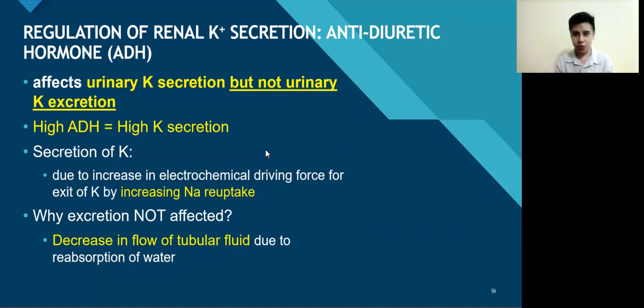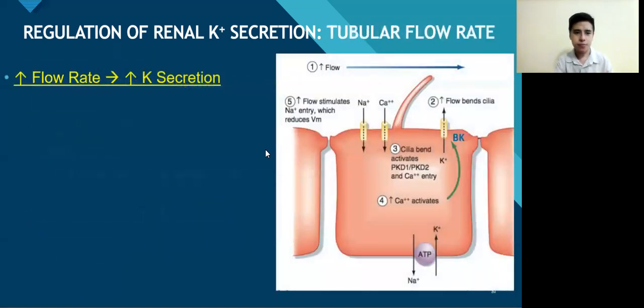So that is dangerous also. So with this mechanism, it just tells us that the kidneys are very meticulous in making sure potassium stays within the normal value of 3.5 to 5.0. So, tubular flow rate will enhance potassium secretion. High flow rate, high potassium secretion. Low flow rate, low potassium secretion. How does that happen?